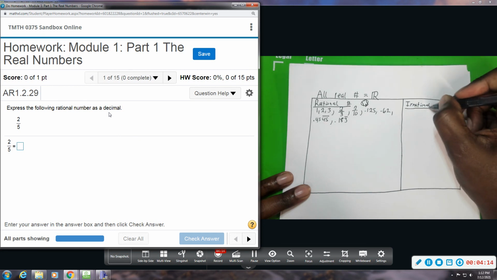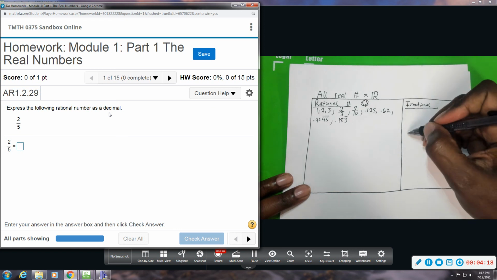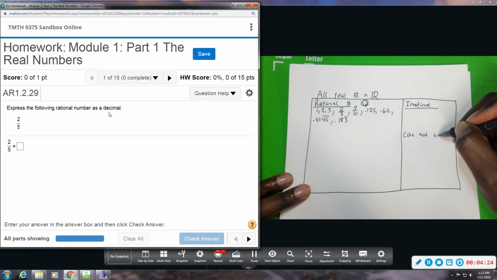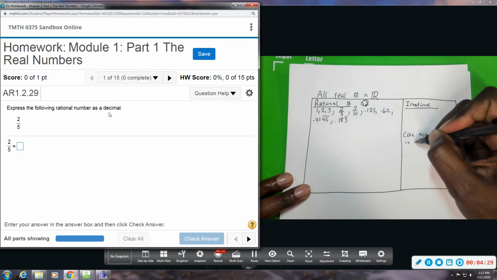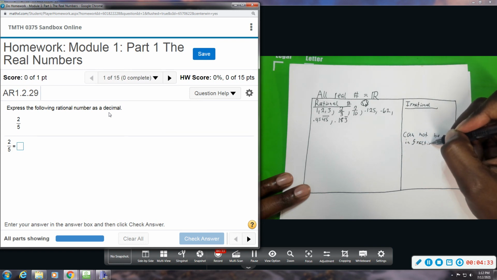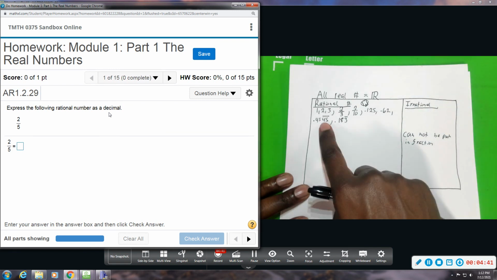Irrationals are just the opposite. These numbers cannot be put in fraction form. The main characteristic of these numbers is decimals that go on forever but do not repeat.